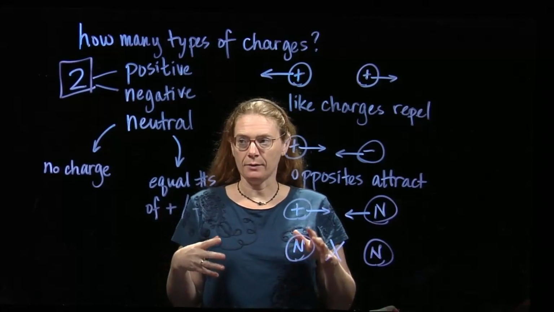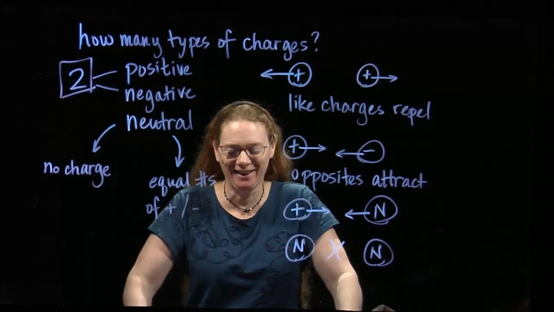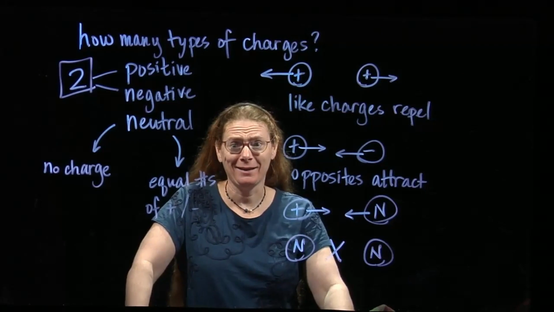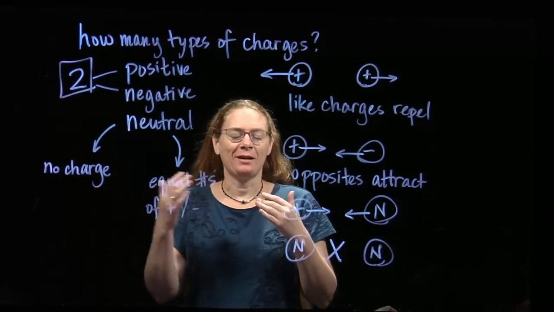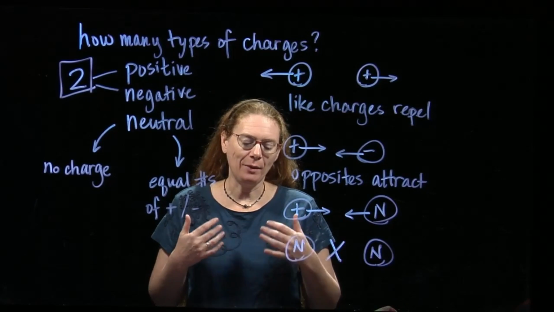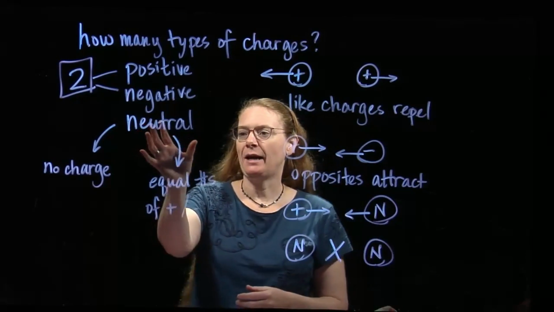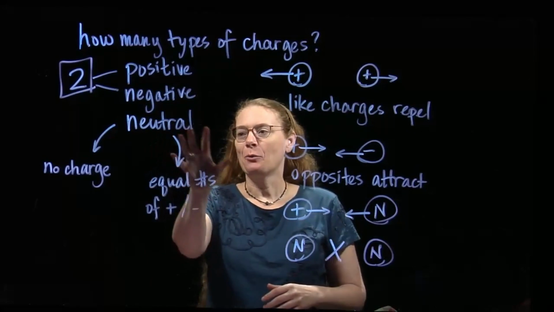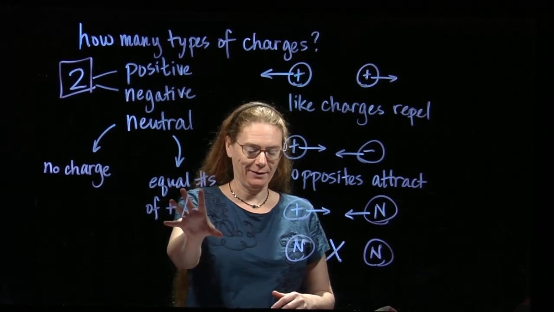All matter is made up of stuff. Well, okay, that sounds funny. All matter is stuff. Yes, right, that's because it's matter. All matter is made up of protons, neutrons, electrons. So all matter has charges in it, which means that when we're dealing with matter, with stuff, we're going to be talking about a neutral object as one with equal numbers of positives and negatives.